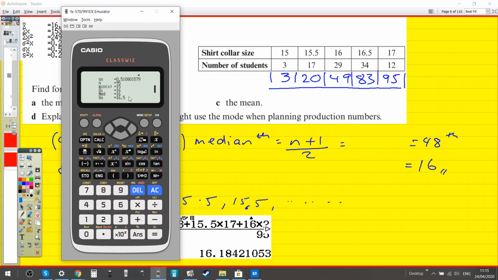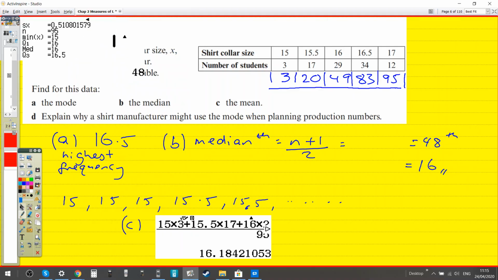Press down, and you can see there you've got Q1, median, and Q3: lower quartile, median, and upper quartile. The median, it says, is 16, and our median was 16. It says N is 95, so 95 students. That gives us the total cumulative frequency.